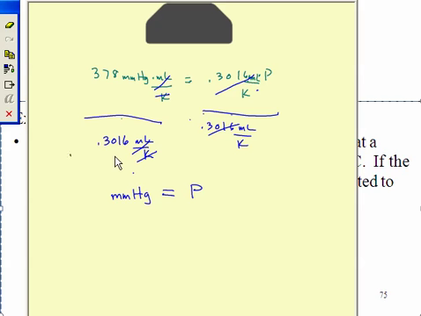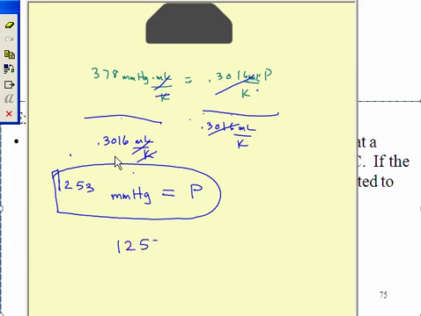So my calculator tells me 1,253, and that is, whoops, I didn't mean to cross that out. That's going to be my final answer. Let me write it again, 1,253 millimeters of mercury.